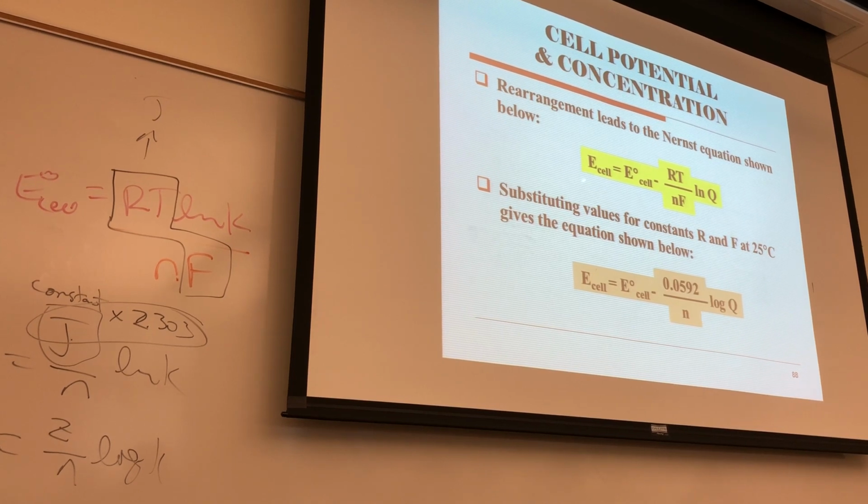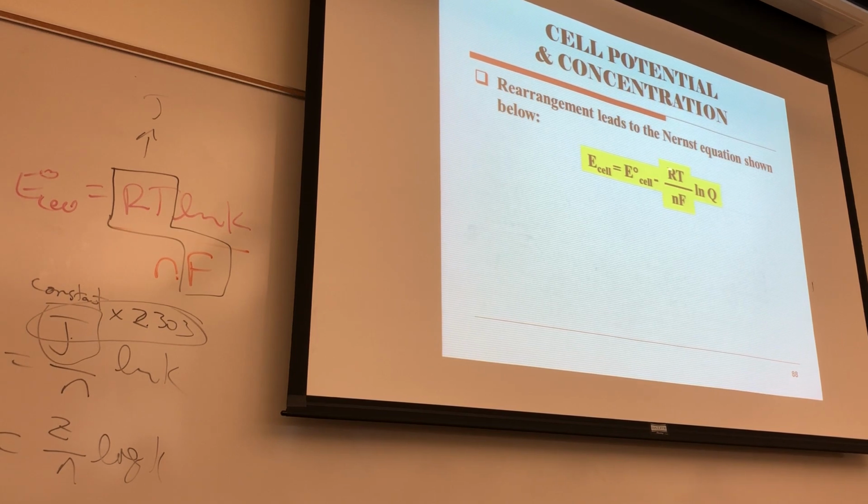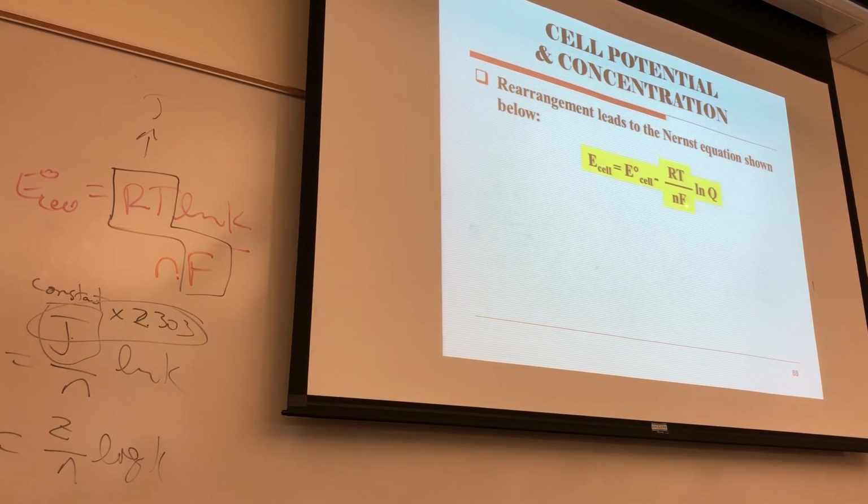And now I have E of the cell under non-standard state conditions equals E of the cell under standard state conditions, minus RT over nF log Q. And RT over F, after changing the natural log to the base 10, was equal to what? 0.0592.